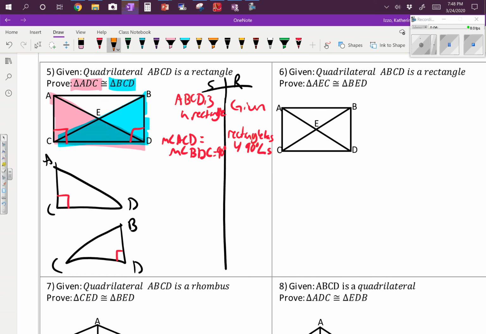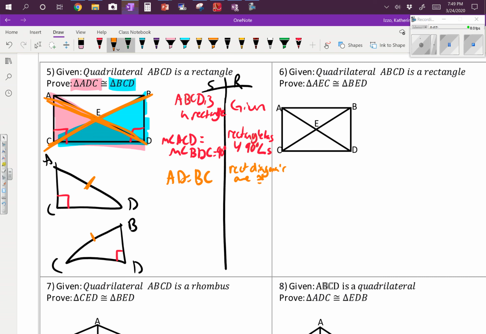And then the other thing that makes a rectangle is the second piece. It means the diagonals are congruent. Rectangle diagonals are congruent, at which point you've got AD equals BC.